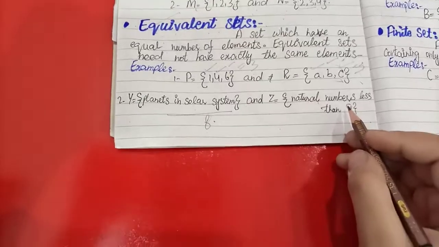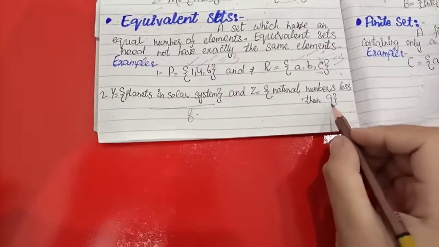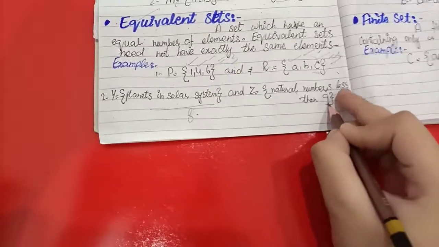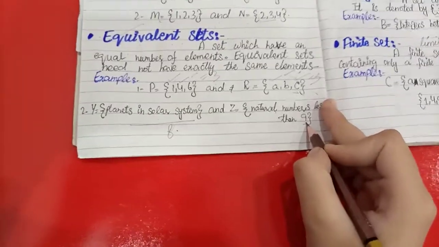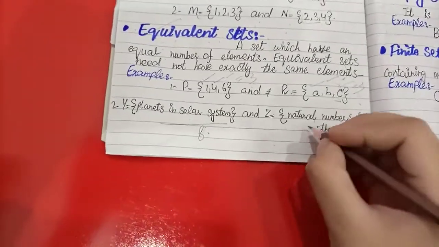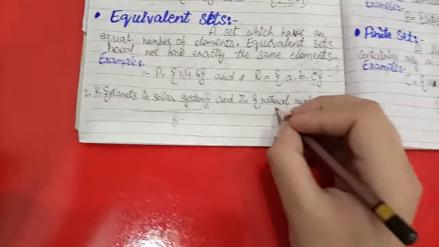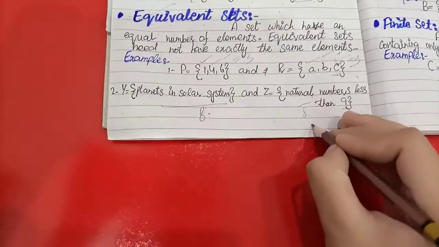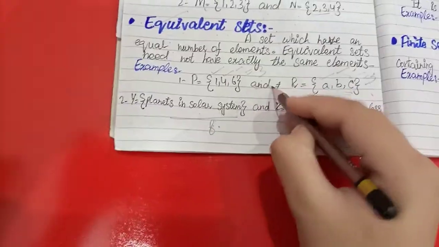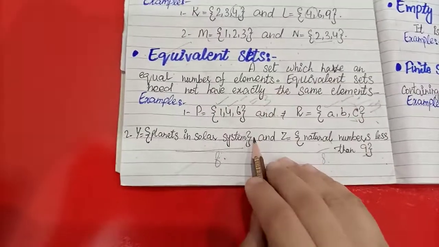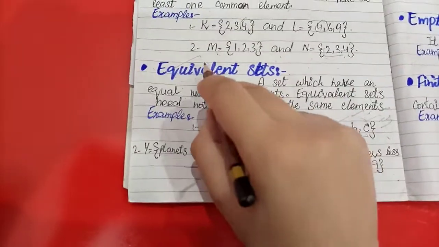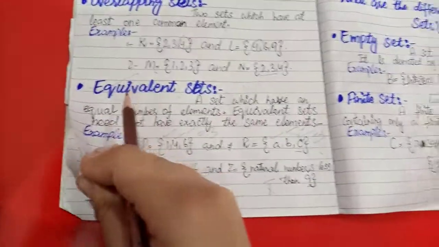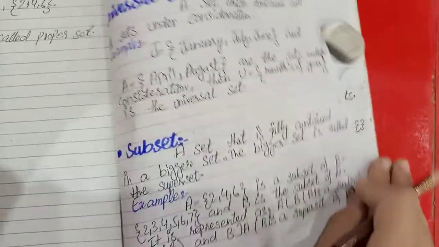So natural numbers less than 9, we do not write 9 in our solution, so we write 1 to 8 only. And see, here 8 and here 8 are both the same number of elements, so we can call these equivalent sets.